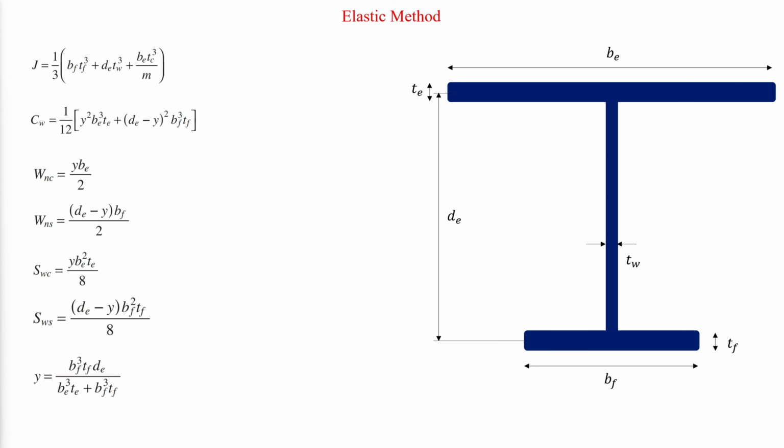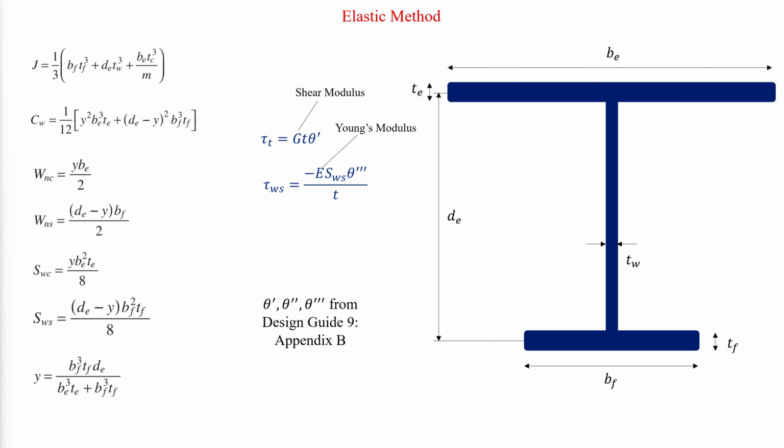When the torsional function values are extracted from the graphs in Appendix B of Design Guide 9, these section properties can be used to evaluate the pure torsional shear stresses, the shear stresses due to warping, and the normal stresses due to warping. Another method is the isolated flange method.